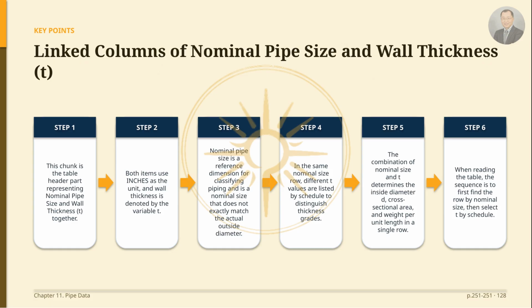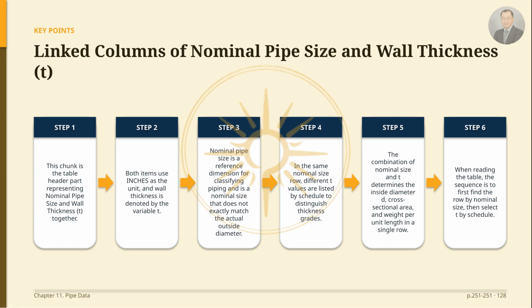What you should be careful about here is that the nominal diameter is merely a reference dimension for classifying pipes and is a nominal size that is not exactly the same as the actual outside diameter. Within a single row with the same nominal diameter, different T values are listed by schedule to distinguish the thickness grades. Once the combination of nominal diameter and T is determined, the inside diameter, D, cross-sectional area, and weight per unit length are all determined within that row.